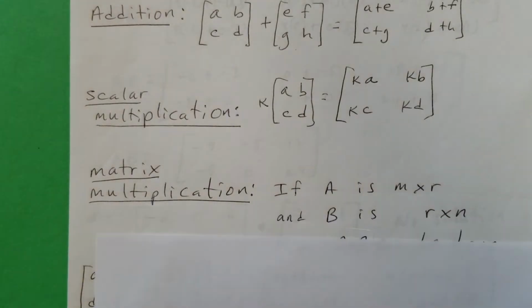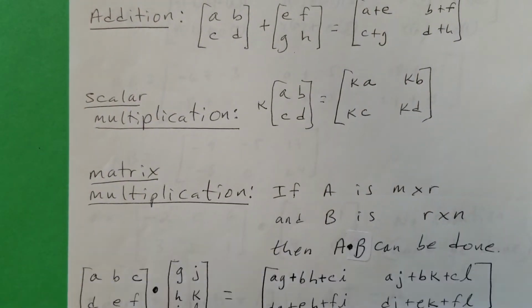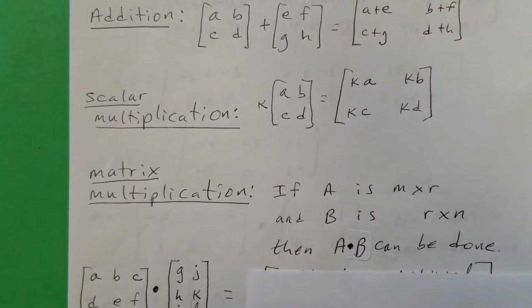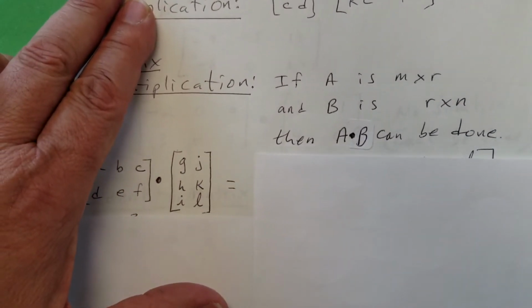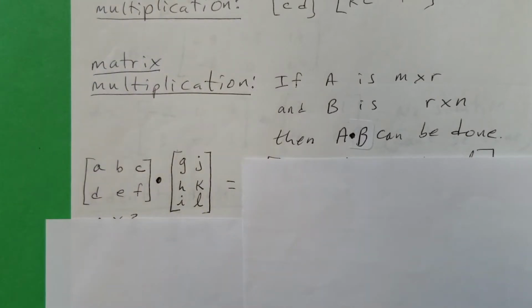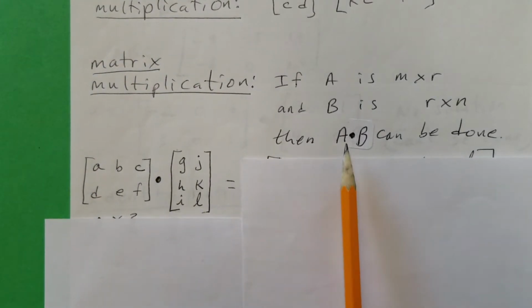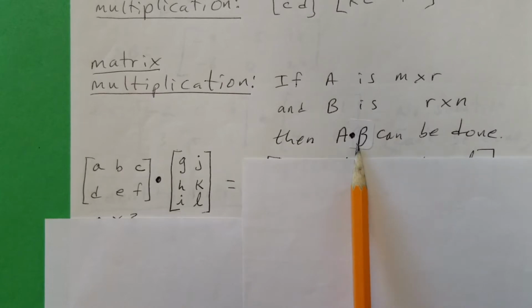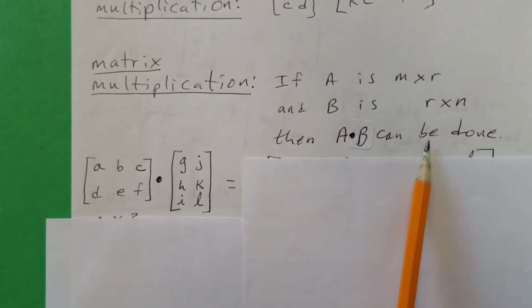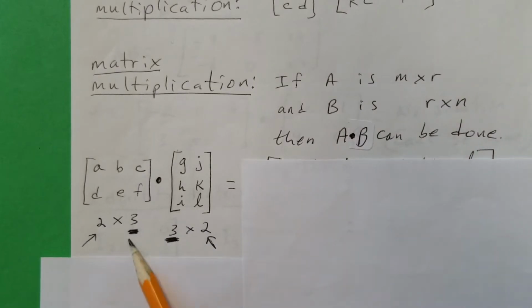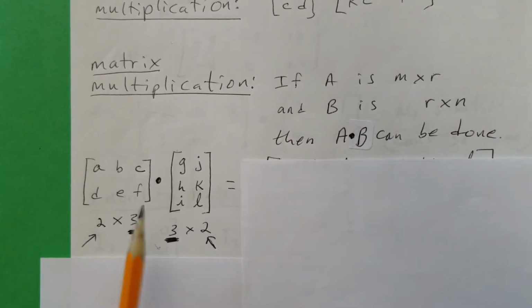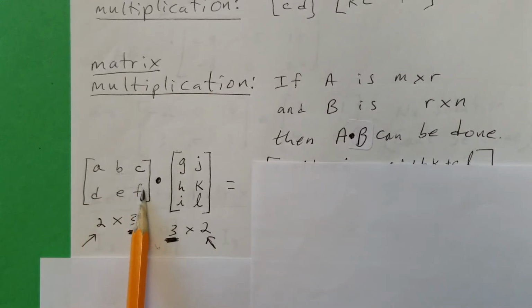So what if I want to multiply these two matrices? What I'm saying here is one matrix times the other can be done under these conditions. What conditions? Well, it has to match. This number has to match. So notice that you have 2 rows, 3 columns.